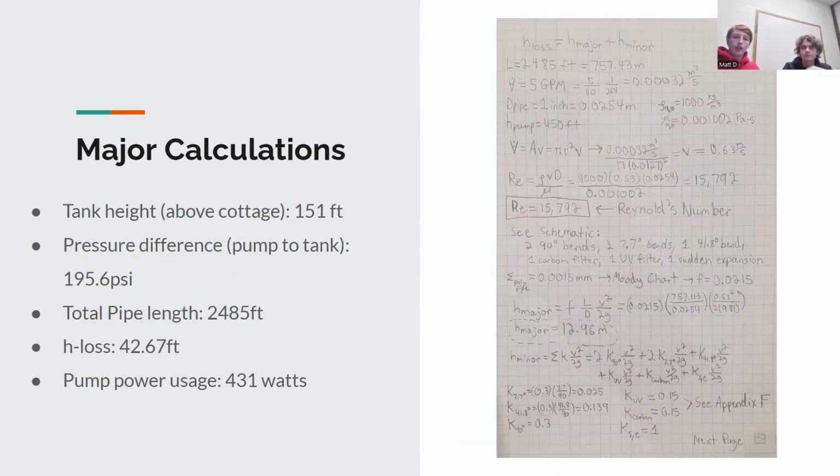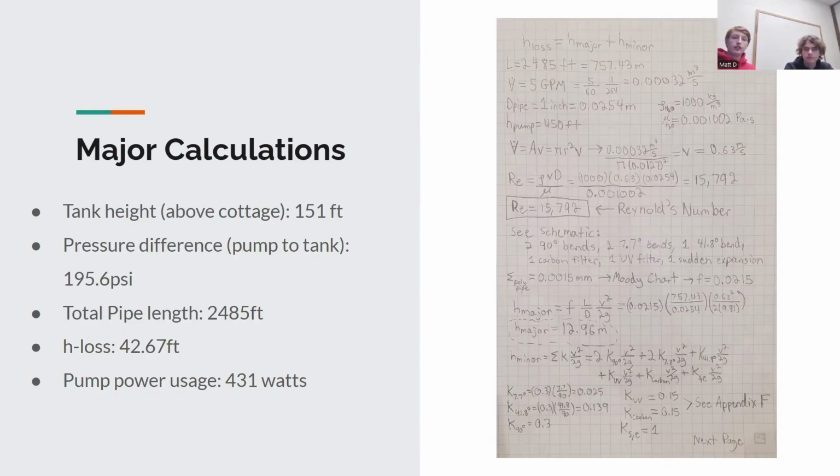And now let's take a look at the major calculations. We initially calculated that the tank height would be 151 feet above the cottage to supply sufficient pressure to the cottage on demand. And we also calculated the pressure difference between the pump and the tank.